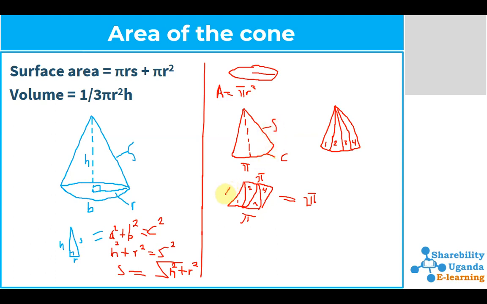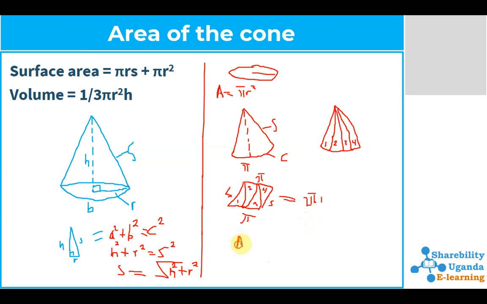That means our slope is going to be this. This is our slope. Okay. So this is going to be 2 pi l.